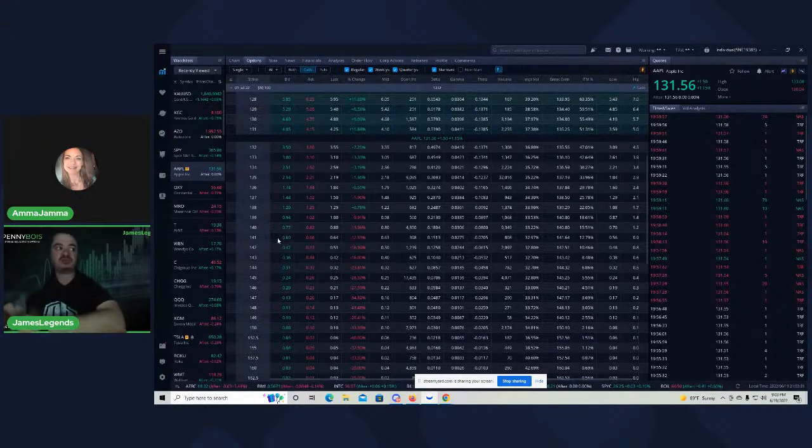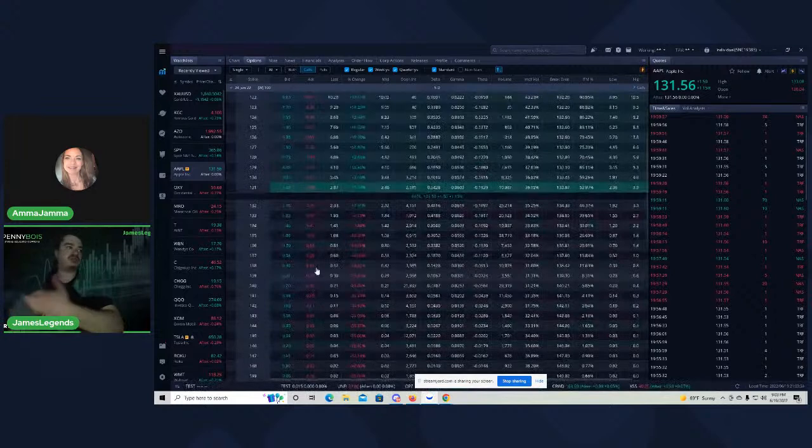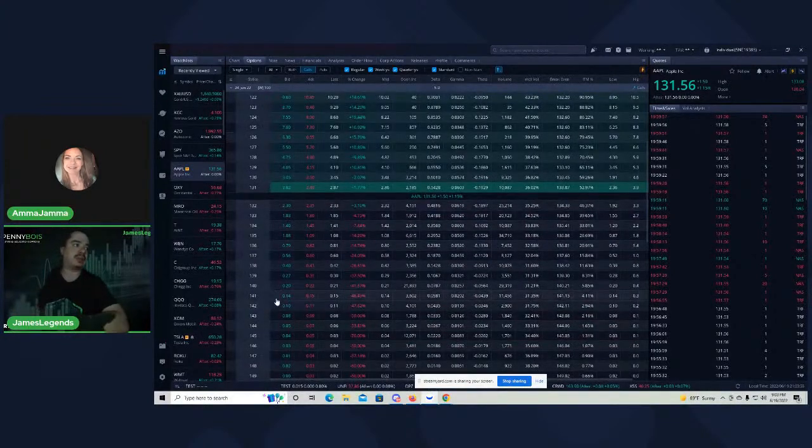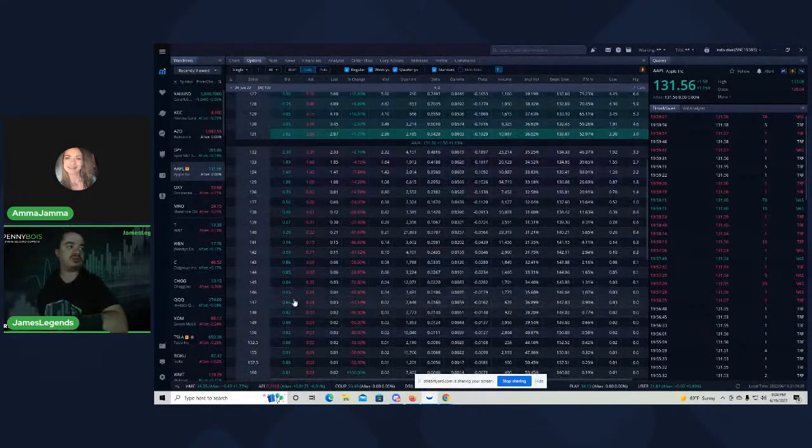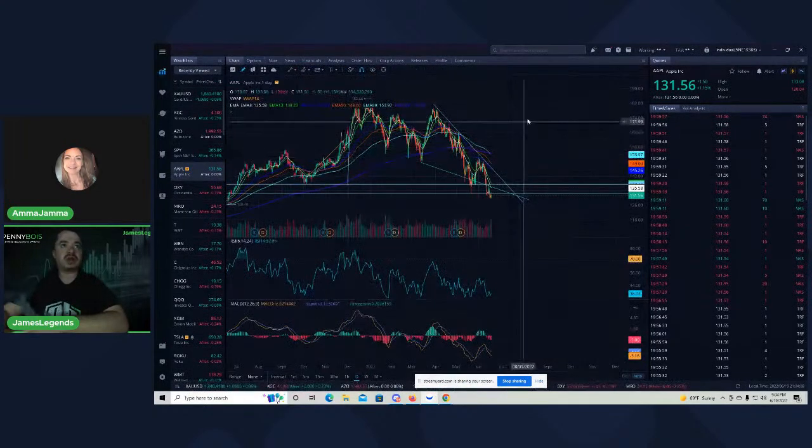It's kind of easy to figure out: today is June 19th, and I don't think there's any way Apple's going over 140 by June 24th, or over 145. I'll take the chance. So that's something that you guys could look at.